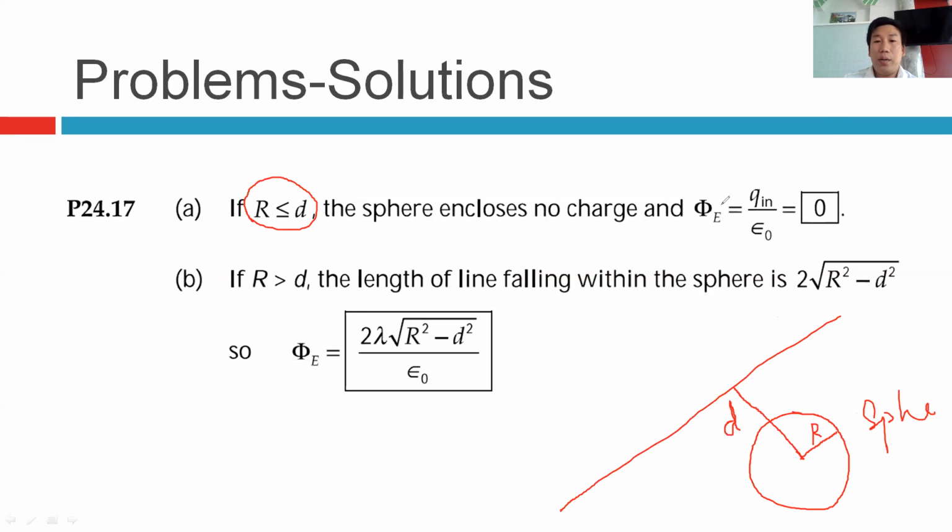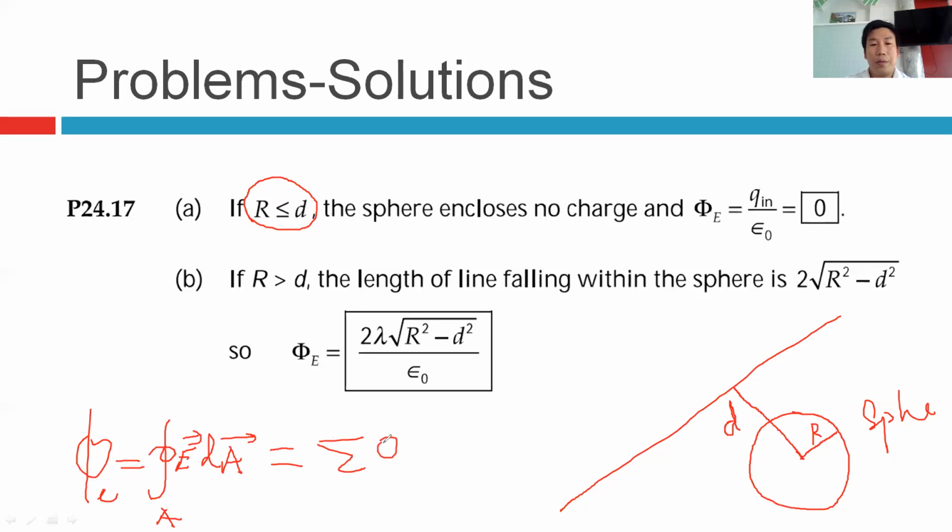When you apply Gauss's law, the flux Φ_E equals the integral of E dA through a closed surface, equal to total Q divided by epsilon 0.